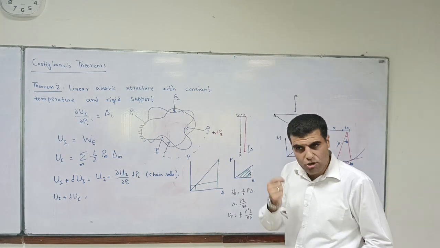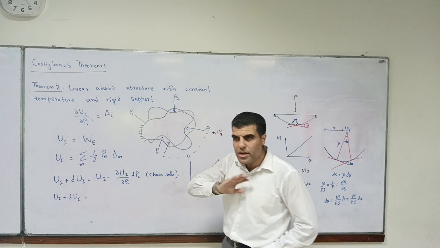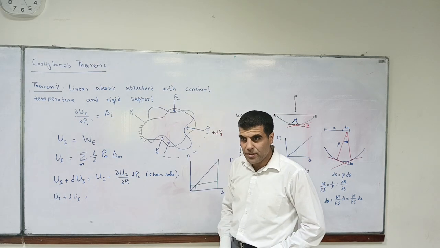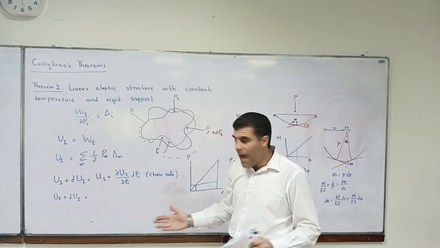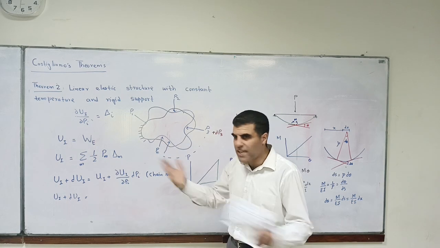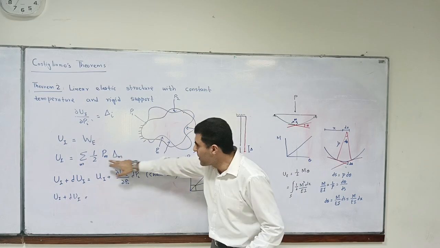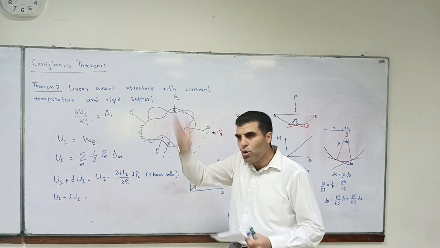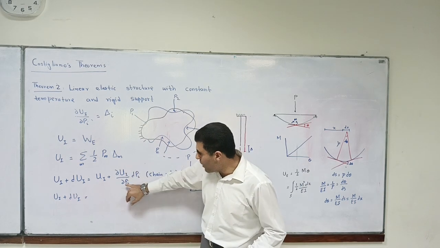It's not a fixed constant load. I'm not saying that P1 is going to be only 10 kilonewton, that's it. So load value can vary, and the number of loads can vary. You pick any load. That's why I say PM or PI, any load. So this is actually a variable.